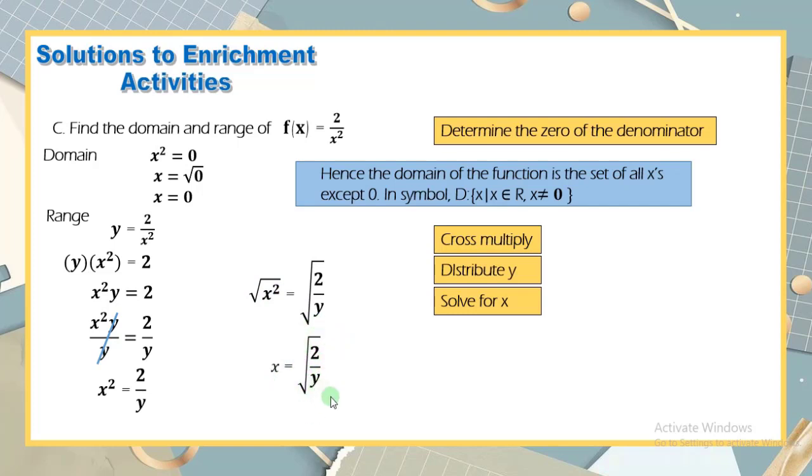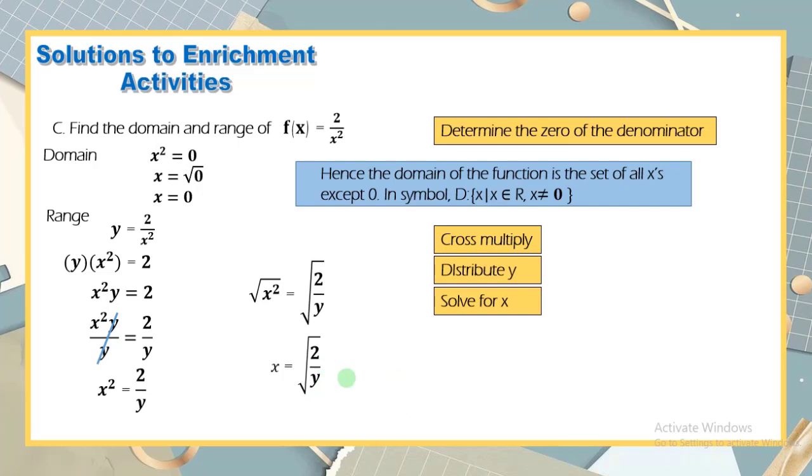So since we have here again a radical symbol, our radicand here must be positive since it is a square root. Because if this radicand will be negative, that will be an imaginary number. But then again, our y here is on the denominator side, which means y must not be equal to 0.